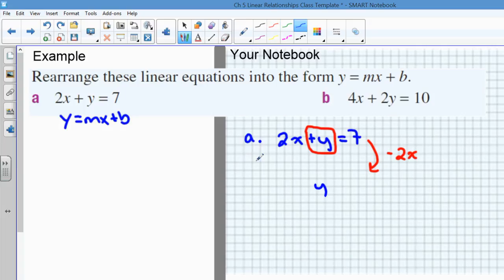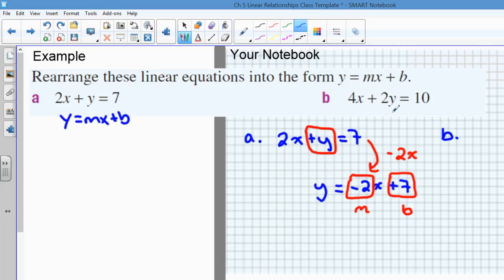And I know it's going to look a little funny, but what that's going to make your equation look like is I'm going to have a minus 2x on the right-hand side, and then I'm still going to have that plus 7. So all I've done is I've rearranged my equation, and if I move the 2x to the right, it has to go to the opposite sign, so it has to become negative. But that means now I can identify my m as negative 2, and I can identify my b as 7, and I could graph this line if I wanted to.